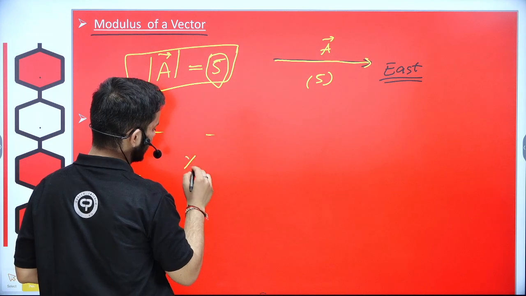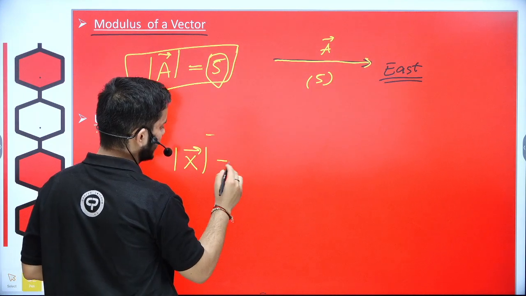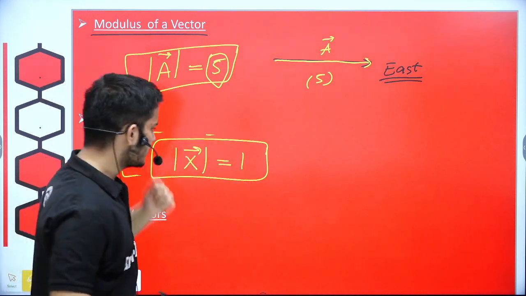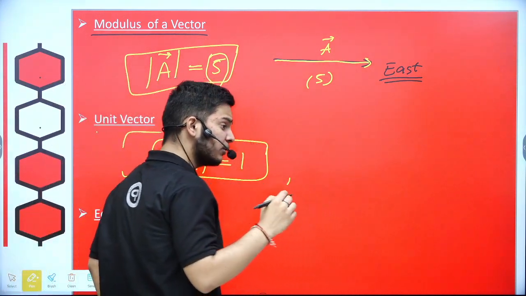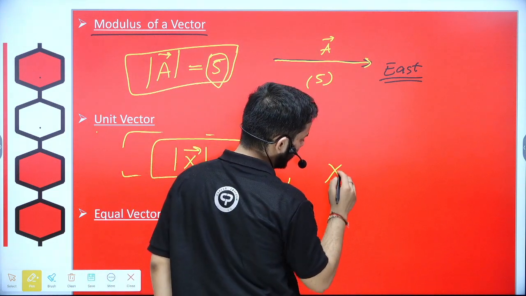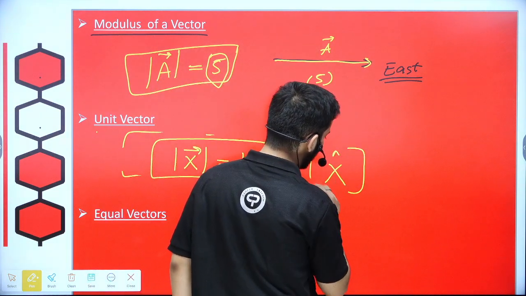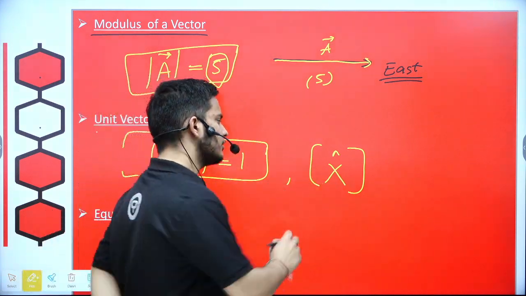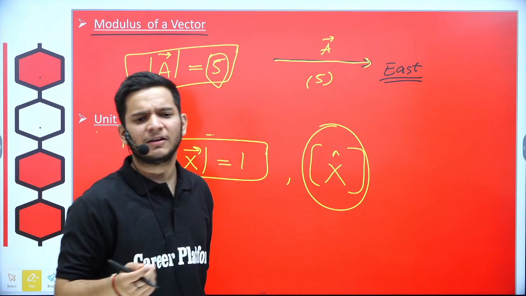Let's take x. So how do we know that it's a vector but a unit vector? When we put a cap on it. If there is a cap on any alphabet, it is called a unit vector. So what is the unit vector? It is a vector that has value 1.